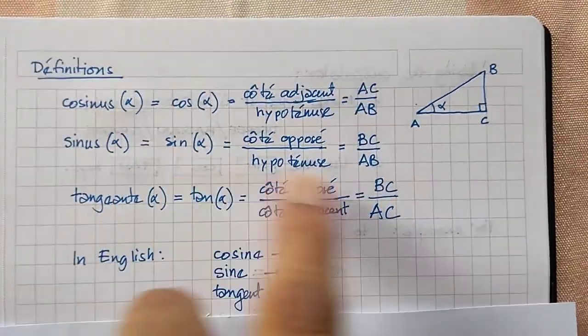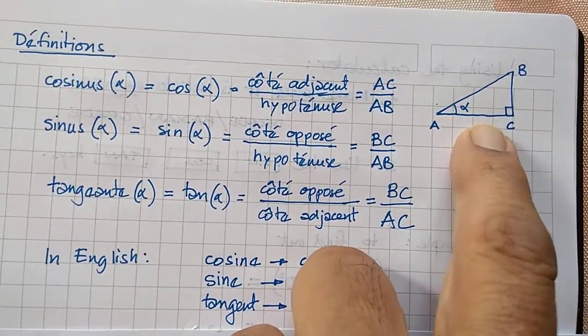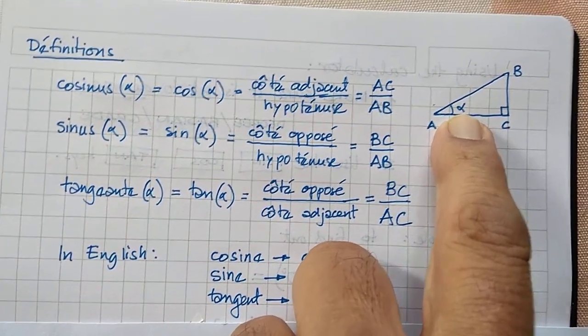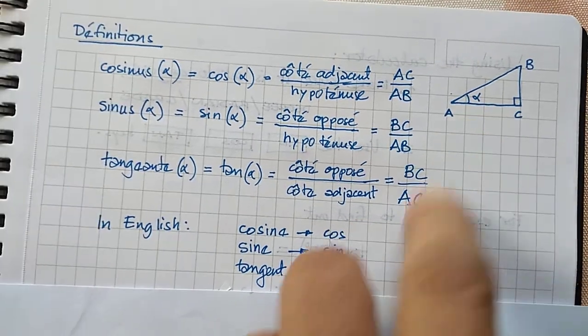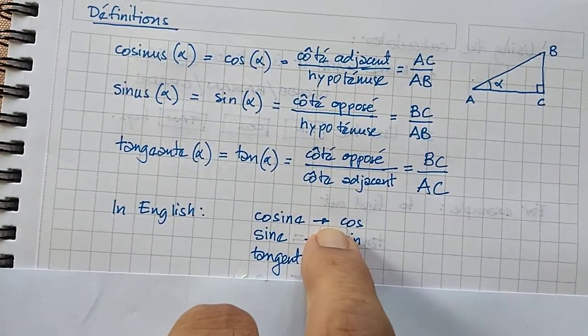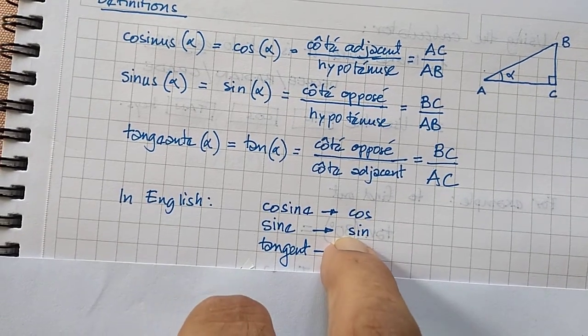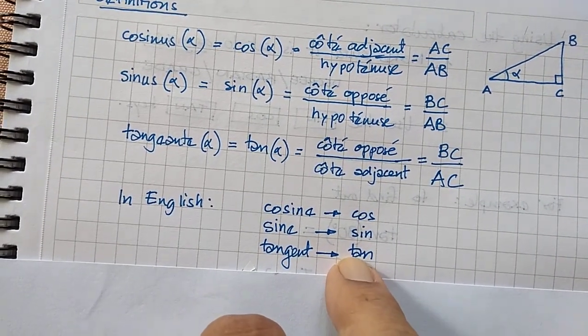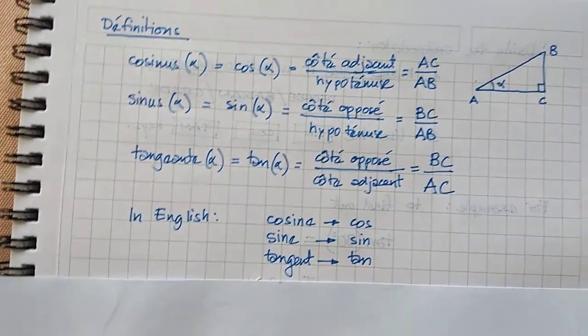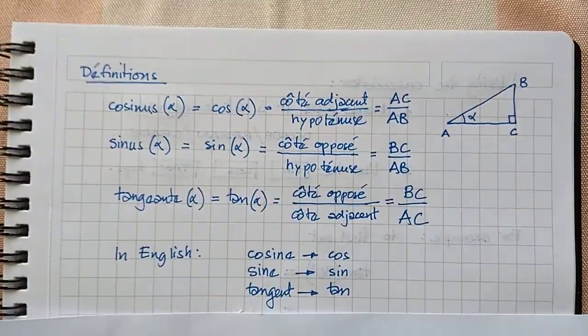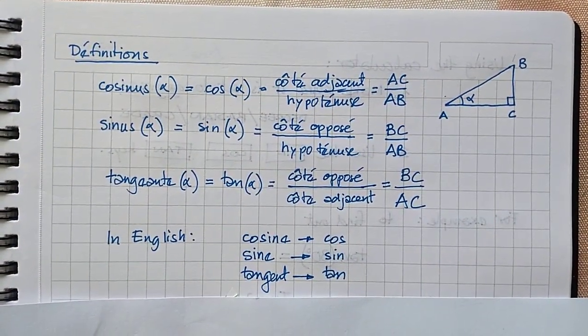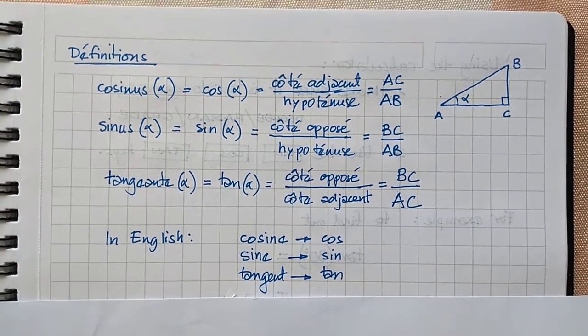So if you take 20 degrees, somebody has drawn this and measured it, and in a table they've written what is cos alpha for 20 degrees, what is sine alpha for 20 degrees, what is tan alpha for 20 degrees. And these values, as you probably already anticipate, are stored in your calculator.